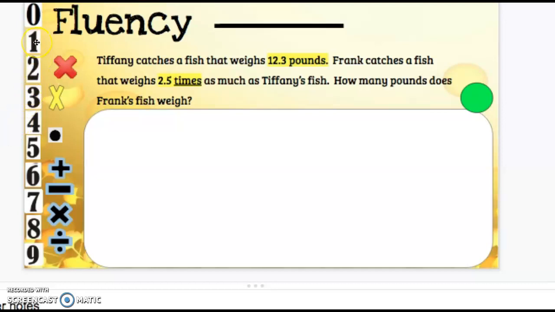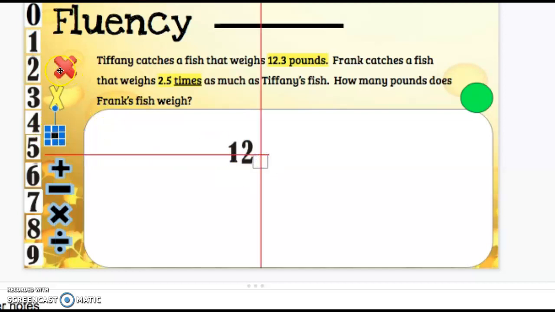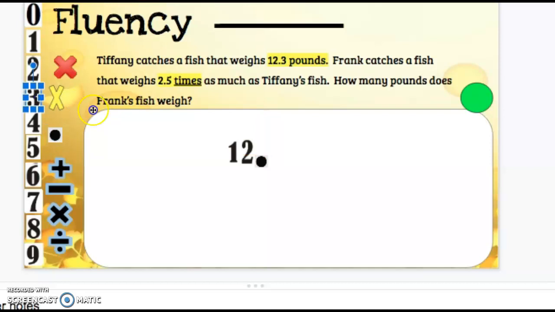So if we're multiplying here, our first step that we have learned while multiplying decimals is to write it without the decimal points. So I'm going to start off by writing my number without the decimal point. Oops, what am I doing?